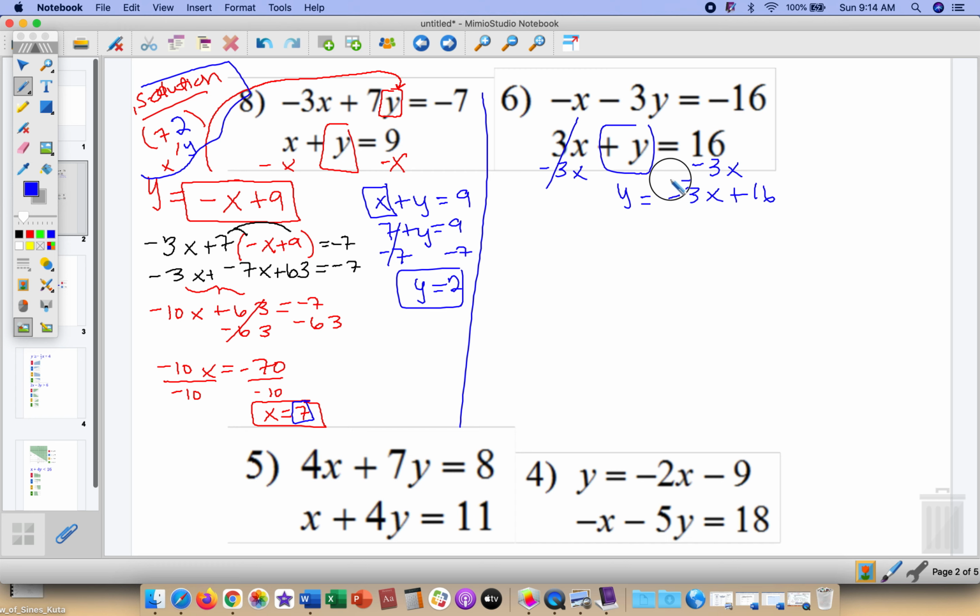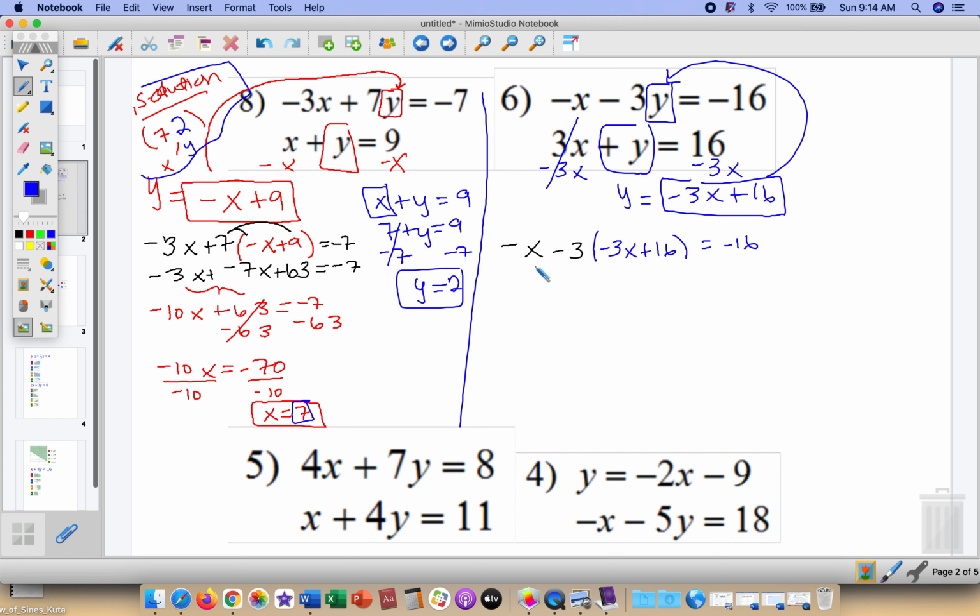We will then substitute negative 3x plus 16 into the y spot in the other equation. So we would have negative x minus 3. We're going to substitute the quantity negative 3x plus 16, and that equals negative 16.